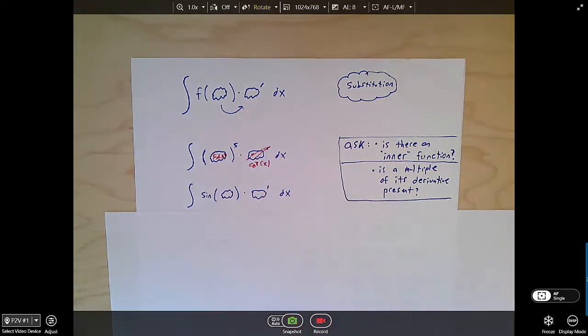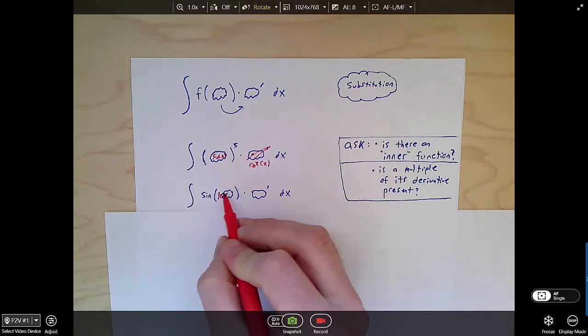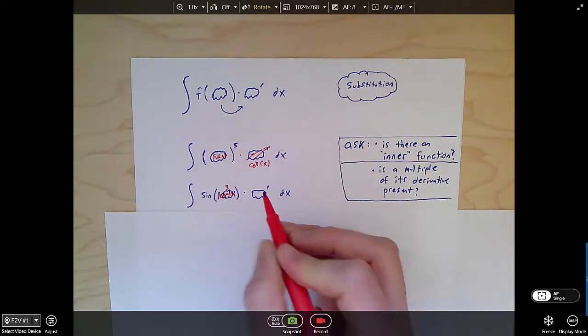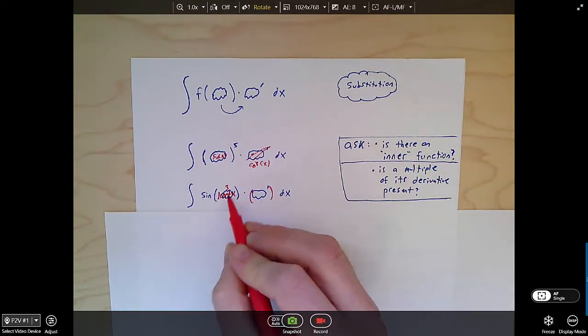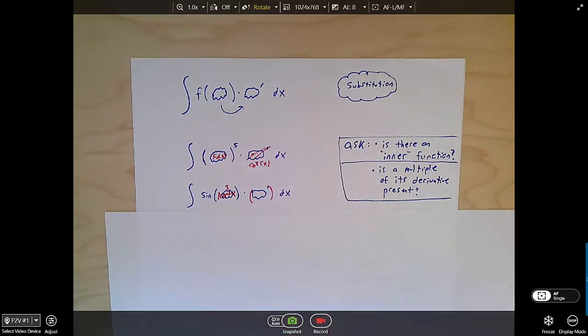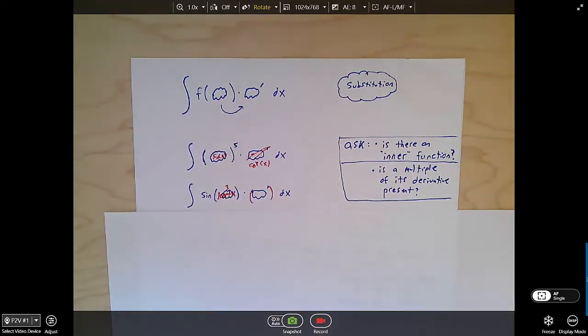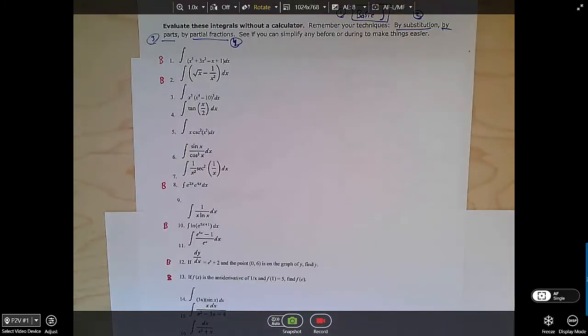Or you could have sine of something like, I don't know, 10x cubed plus x, and then the derivative of that, so 30x squared plus 1. So anything where you notice that there's an inner function and that the derivative of the inner function is present, that's going to be substitution.